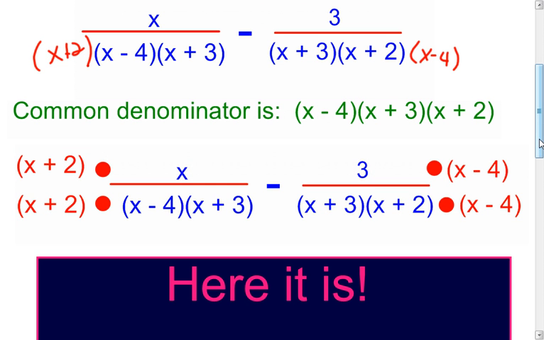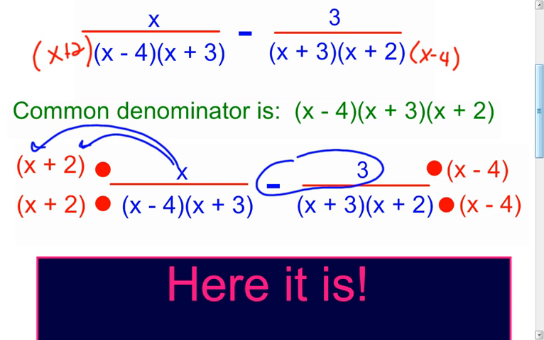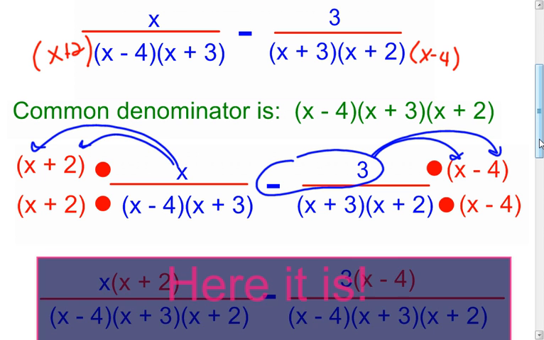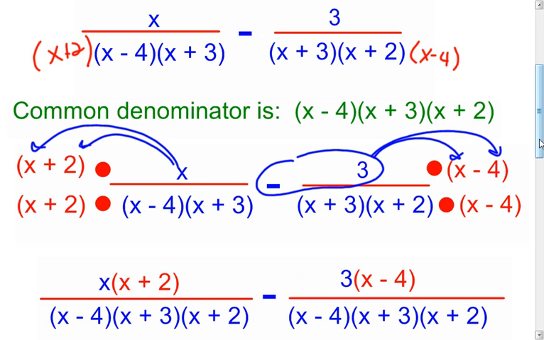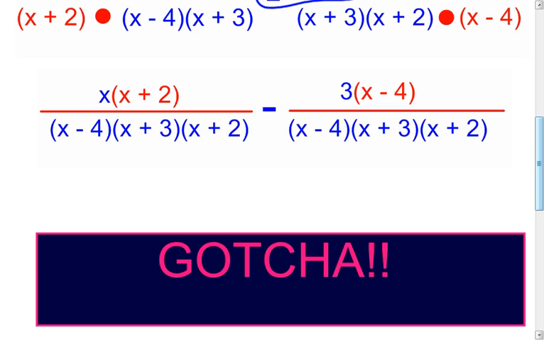Okay, make sure that you distribute these through. So distribute, and of course distribute. If you want to distribute the negative through right away, you can. You certainly may do that, but make sure you take into account that that negative has got to go through. If you don't want to take the negative into account, that's fine.